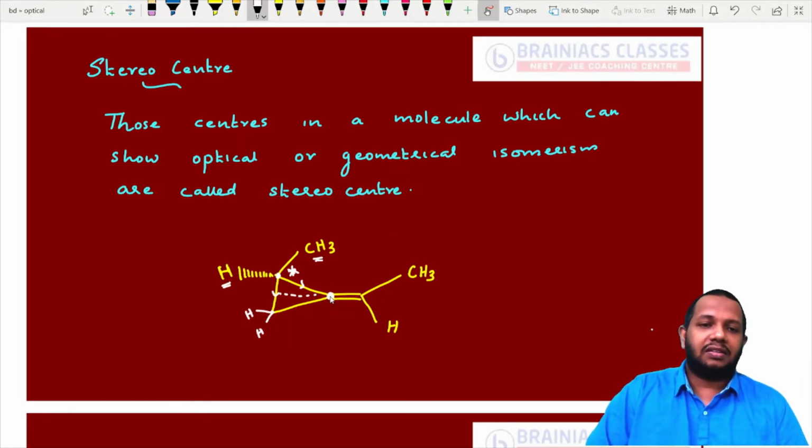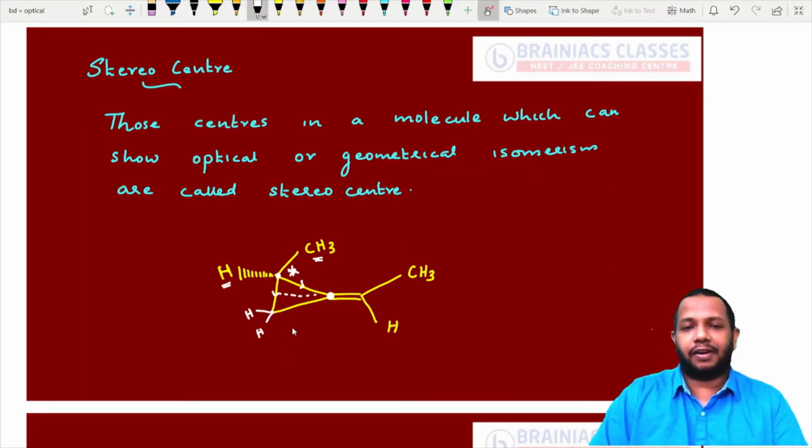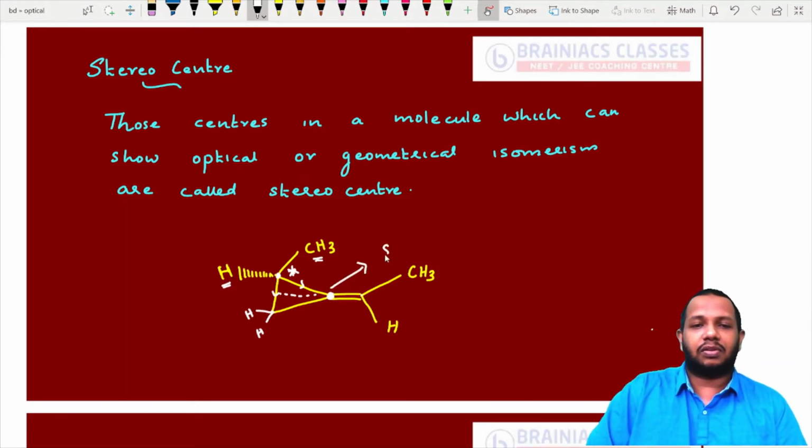Because in this carbon atom, one of the valencies is satisfied with the CH3 and the other is CH2. So to the sp2 hybridized carbon atom both valencies are different, and to the other sp2 hybridized carbon atom both valencies are different. So this is a stereocenter, this is a stereocenter, but not a chiral center.